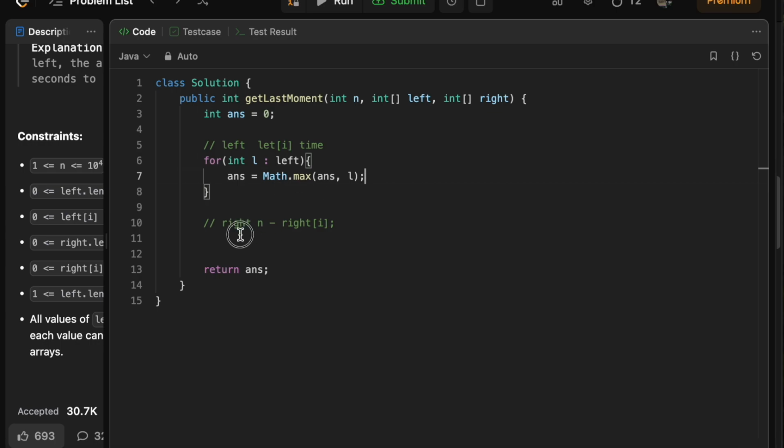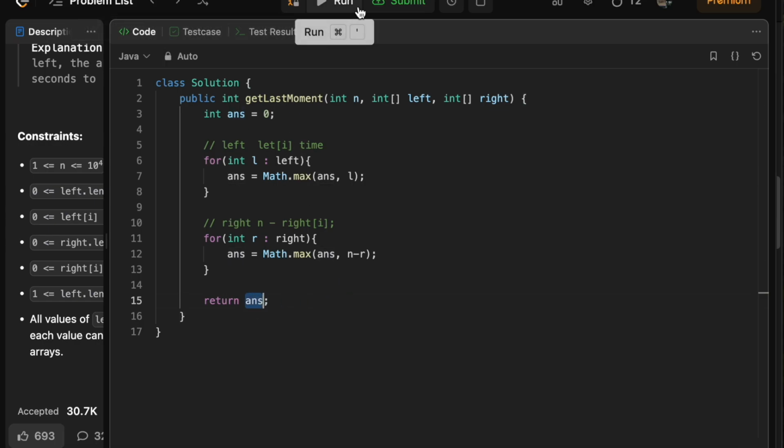Okay, and for the right part, int r, answer would be Math.max of answer and n minus r. Okay, this is the time for all the right moving ants and for the left moving ants. So answer would be the maximum value. So this would be our answer.